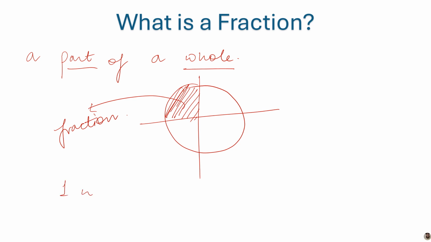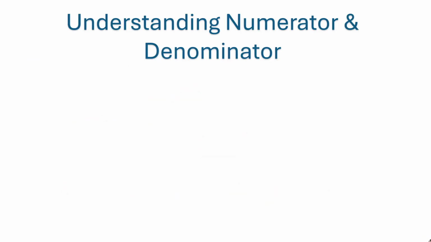So, one whole is equal to how many equal parts? Four equal parts here, right? And when we talk about only one part, the shaded part, then we call that a fraction. Make some sense, right? Okay, now in fractions we have two important terms that are very much used.